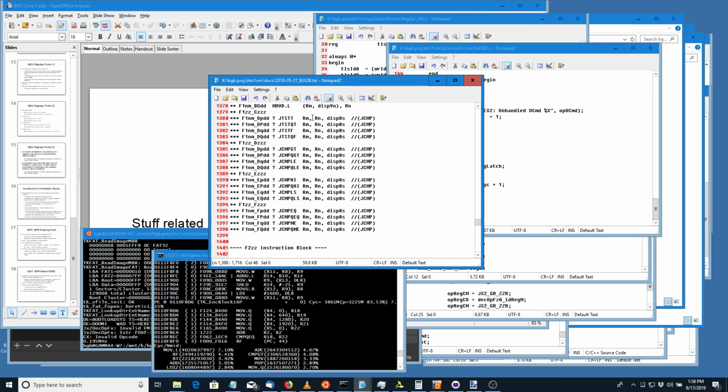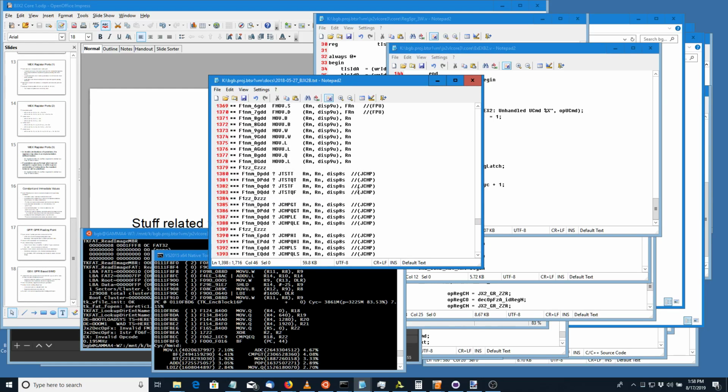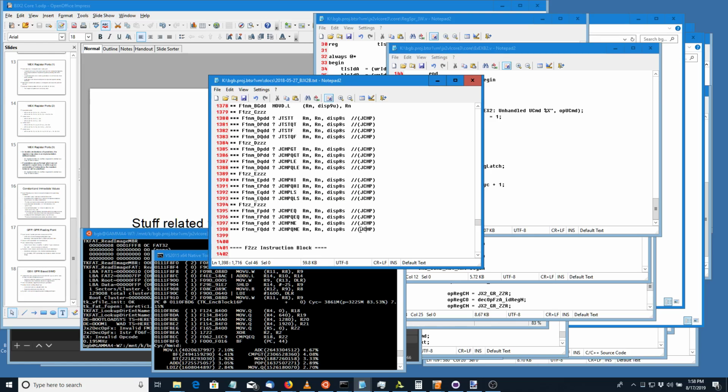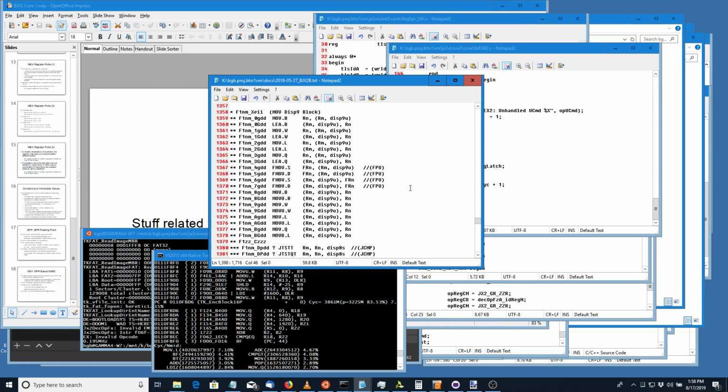But since that's not how it works in this case, it doesn't save much. So that's why I consider it an optional feature, which is why I put the name inside of parentheses like this.